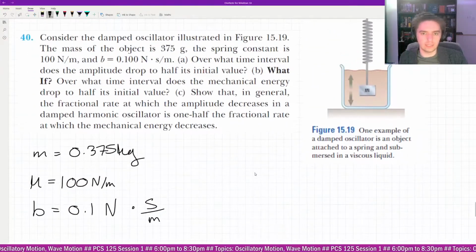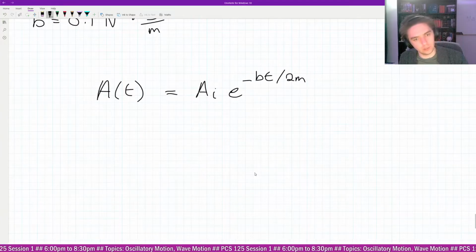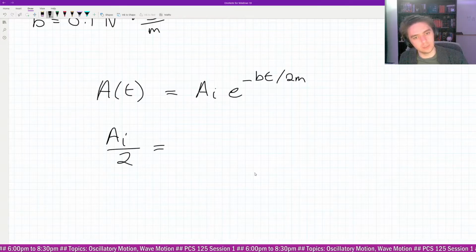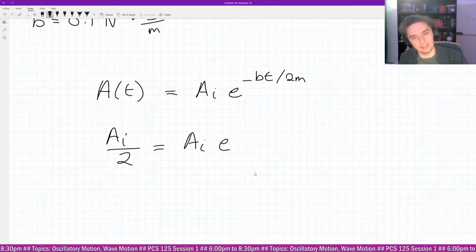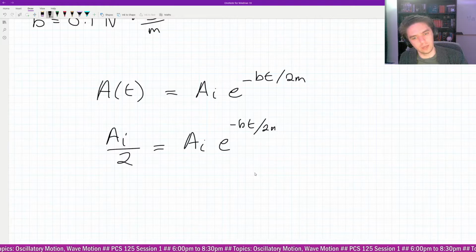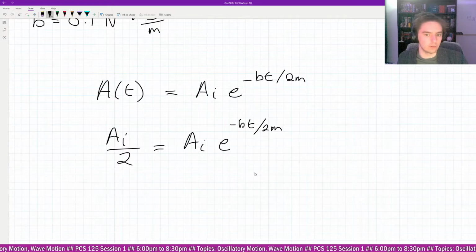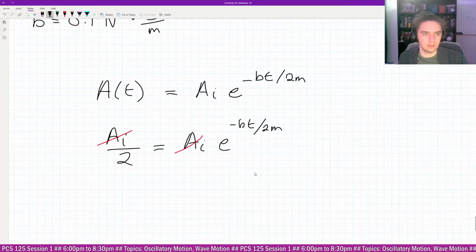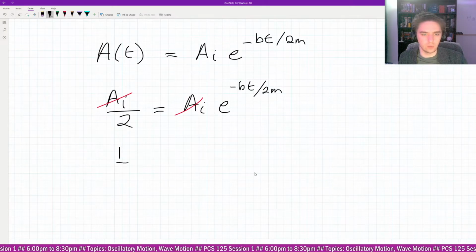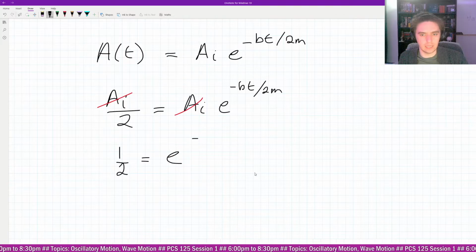What we want is the time it takes for the amplitude to drop to half its initial value. So we want A_i over 2 equals A_i e to the negative bt over 2m. Now we just want to solve for t. Those cancel, and it's 1/2 equals e to the negative bt over 2m.